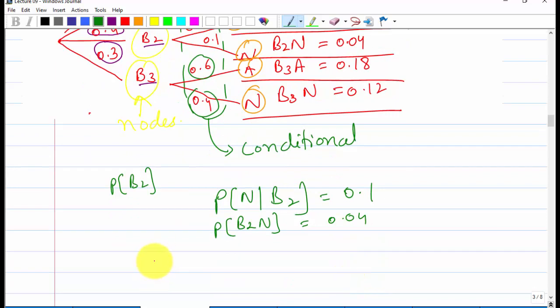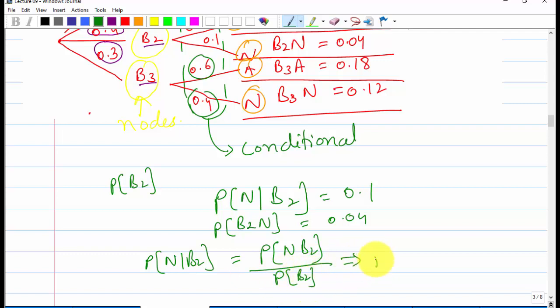So by the formula of conditional probability, probability of N given B2 is equal to probability of N intersection B2 divided by probability of B2. So from here, probability of B2 will simply be probability of N intersection B2 divided by probability of N given B2.